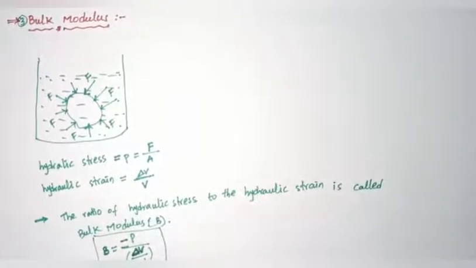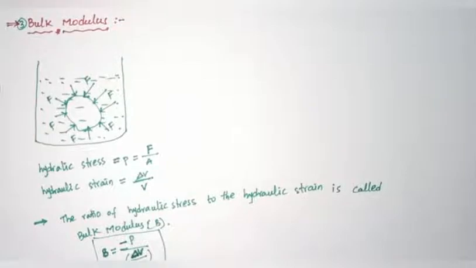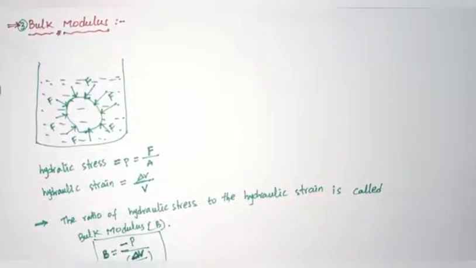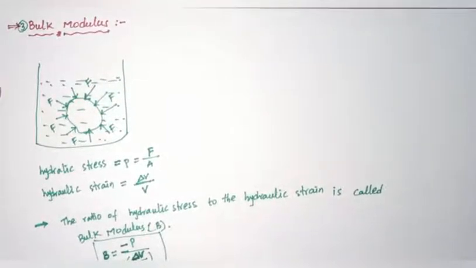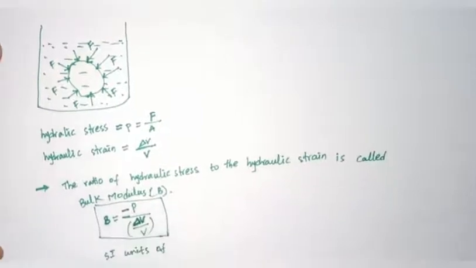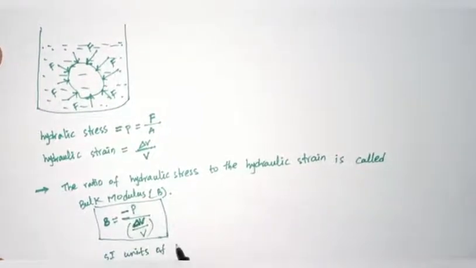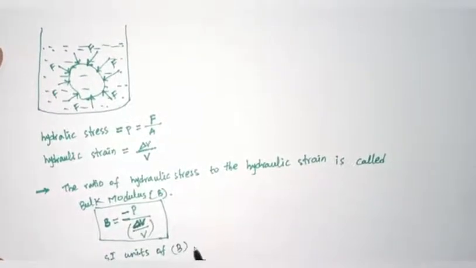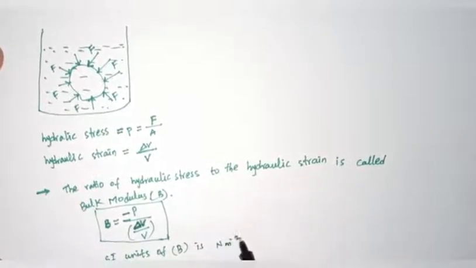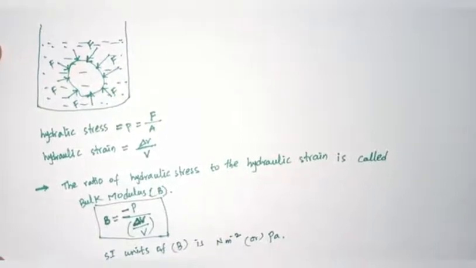Then the SI unit of bulk modulus is Newton per meter square, or Pascal.